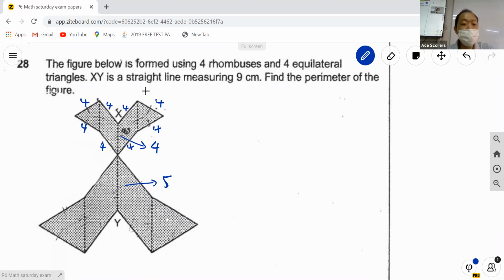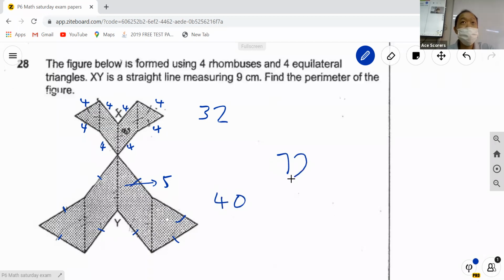So here all 4, right? How many 4s are there? 1, 2, 3, 4, 5, 6, 7, 8. Good. So I get 32, and then here it's 1, 2, 3, 4, 5, 6, 7, 8, and then it's 40.